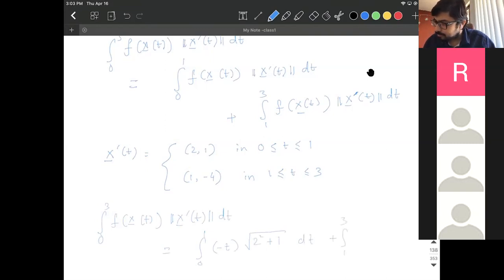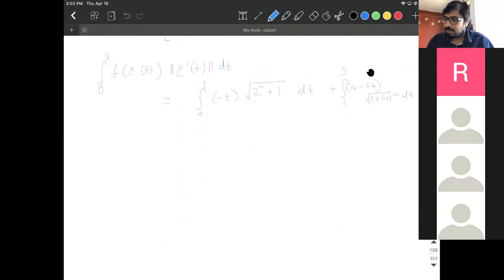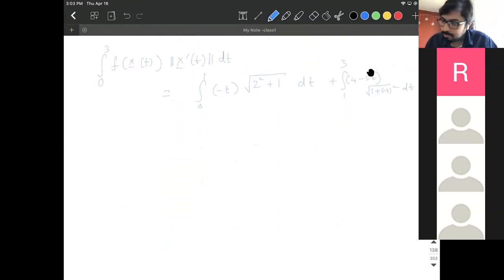And between 1 and 3, it's 4 minus 5t times the square root of 1 plus (-4) squared dt. Individually the integrals are fairly simple.